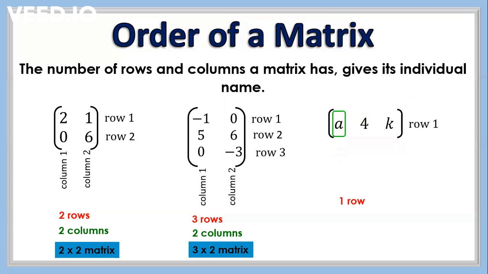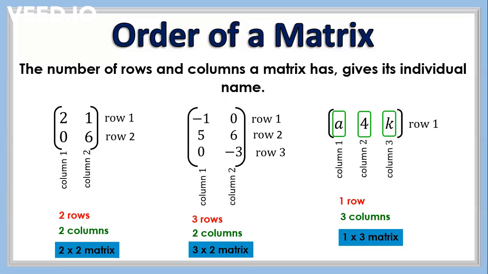A is in the first column. 4 is in the second column. And K is in the third column. So this matrix has 3 columns. A matrix that has 1 row and 3 columns is a 1 by 3 matrix. Did you say a 1 by 3 matrix?